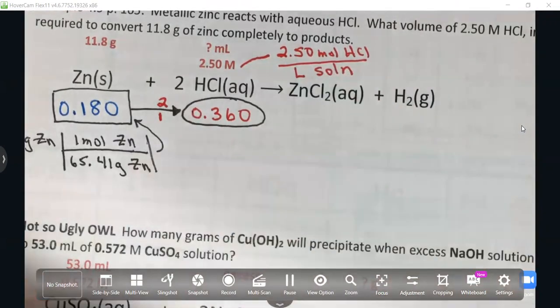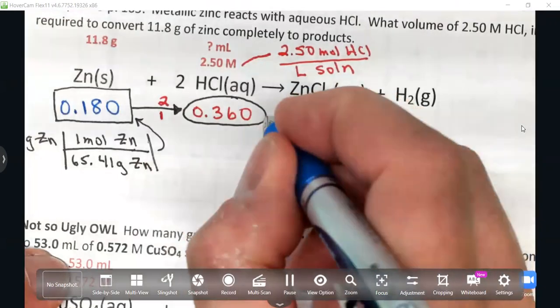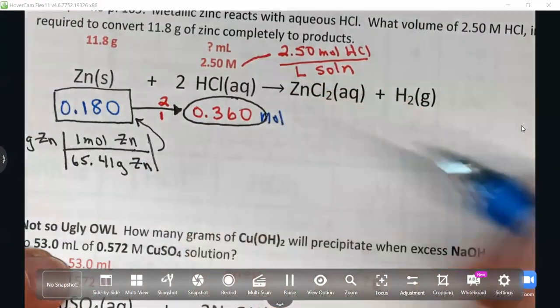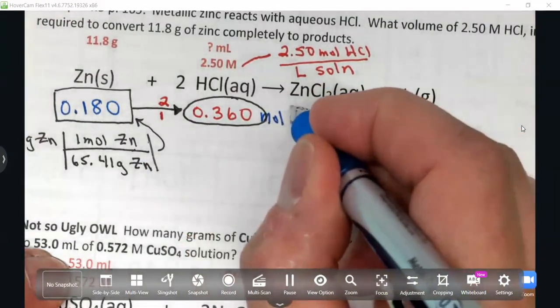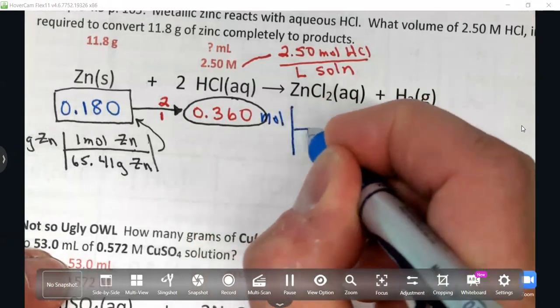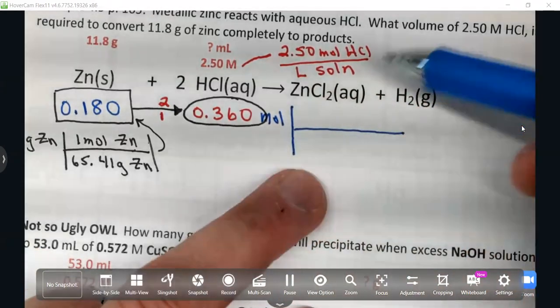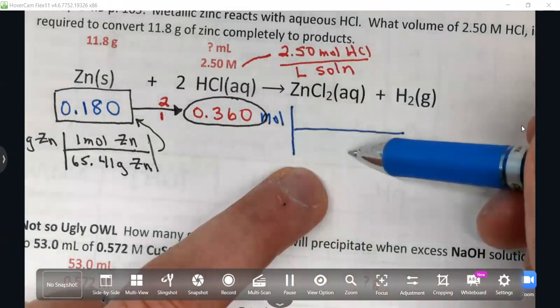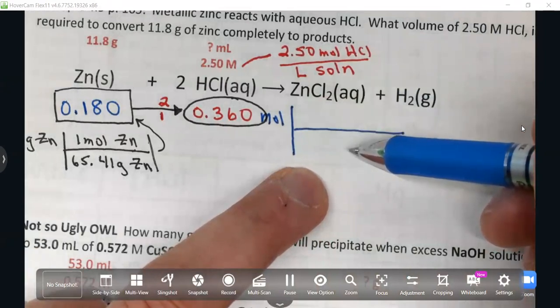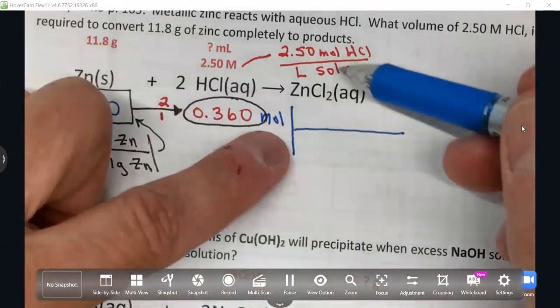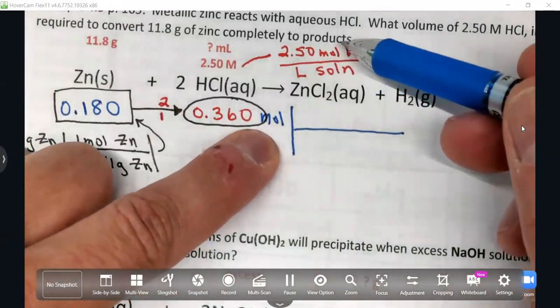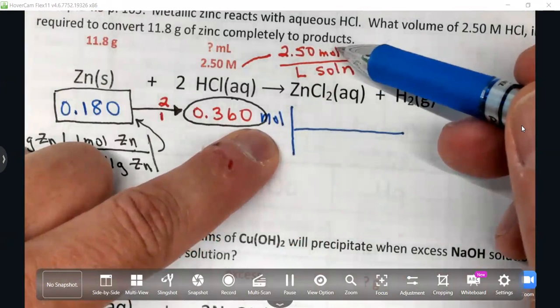Can I just, and I'm going to put mole down here, can I drop this down as is? Can I go 2.5 moles over liters of solution? And I cannot, right? Because I can't go moles times mole. I did have a mole squared over liters, correct?